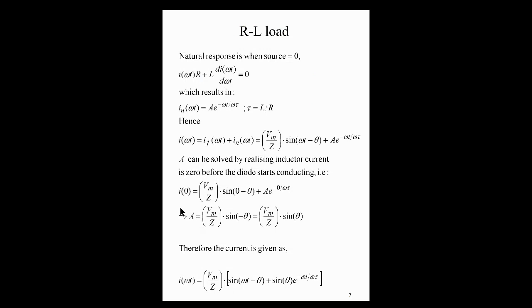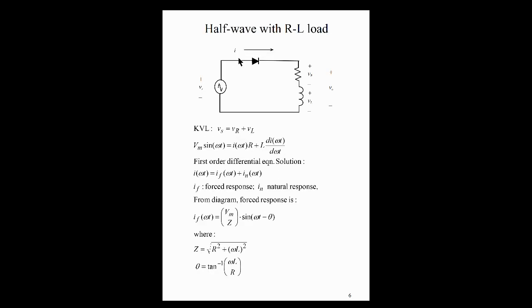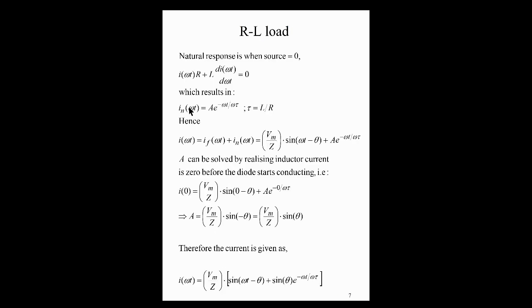Now, the natural response, that is when we're going to take this source and let it equal 0. So we're going to set this equal to 0 and then determine the natural response. If you recall, the input is just equal to the voltage drop across the resistor and the voltage drop across the inductor.